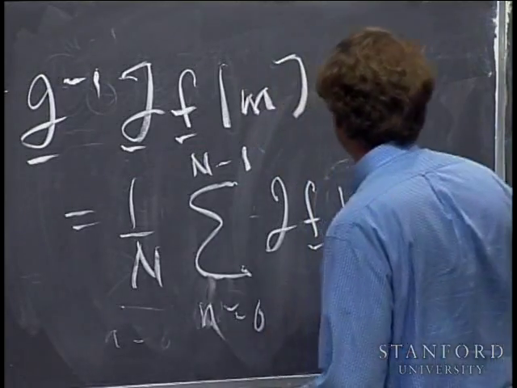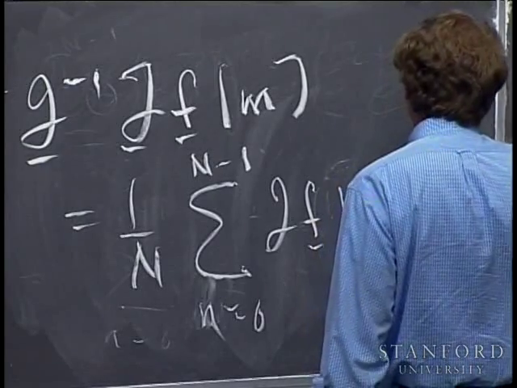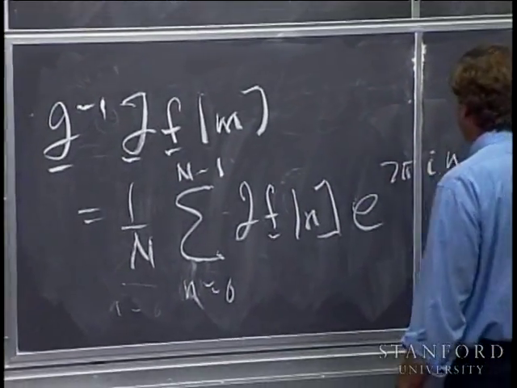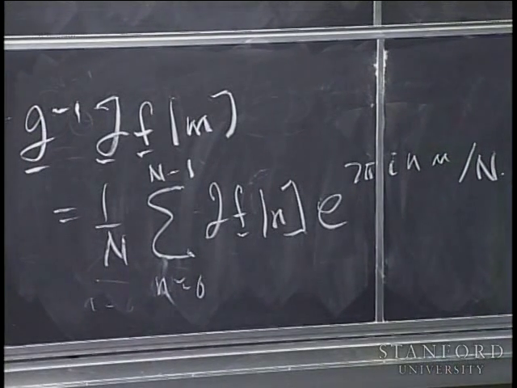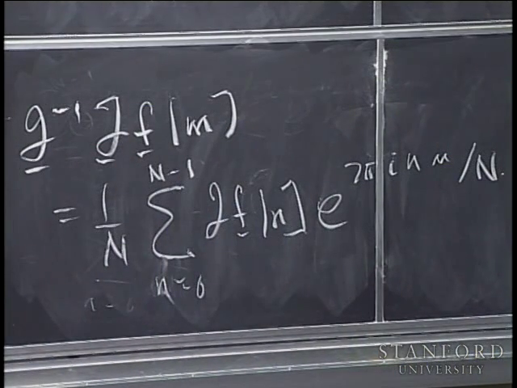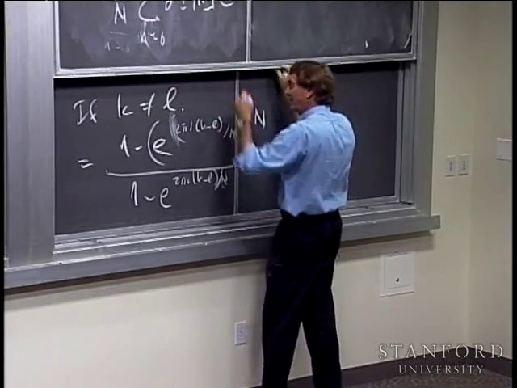Maybe I'll put it right in terms of complex exponentials here, times e to the 2 pi i n m over N. Right? Is that correct? That's what the inverse Fourier transform looks like. Right. Okay, now I have to bring in the formula for the Fourier transform.